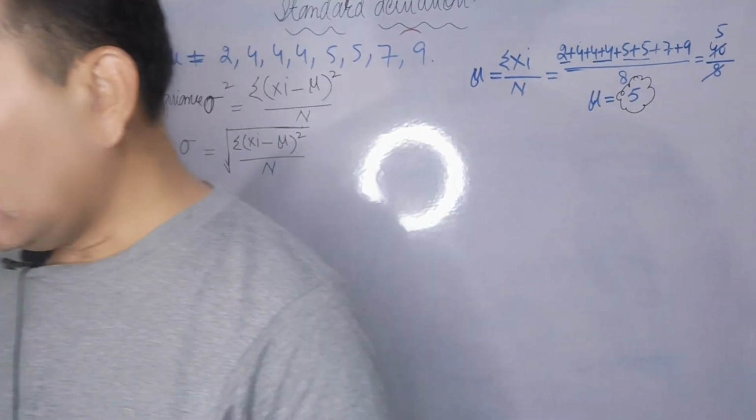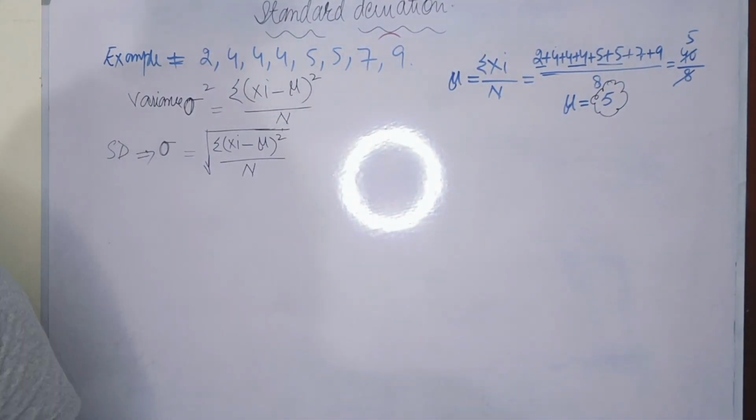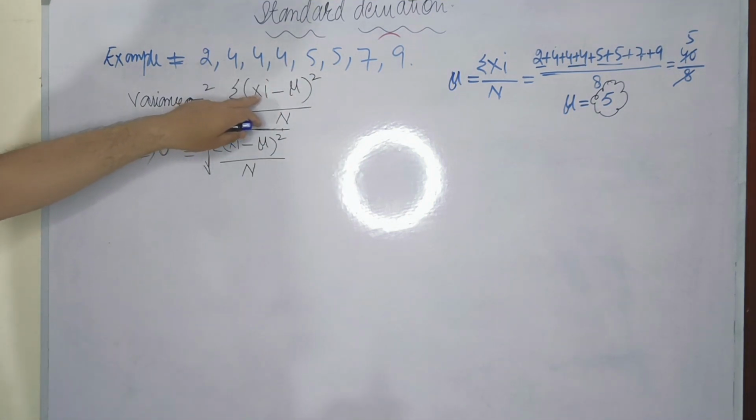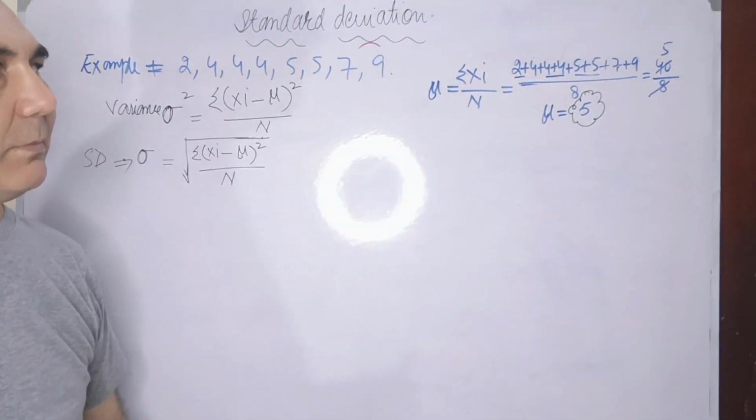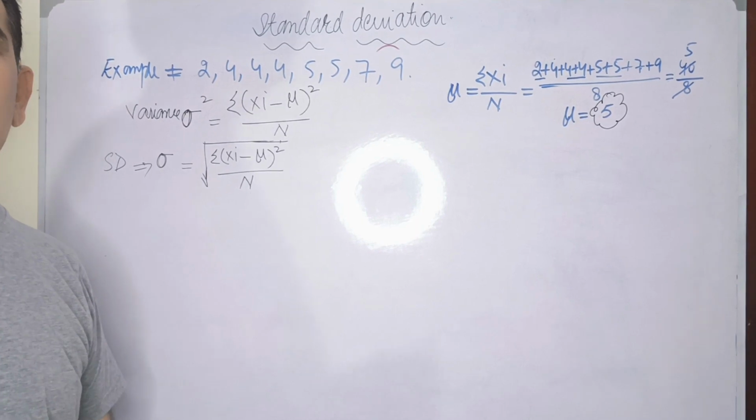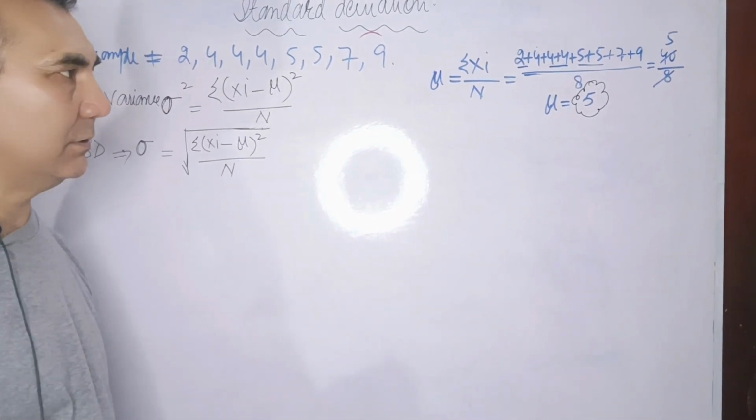Now, the formula says the sum of xi minus mu whole square, divided by the total number of the population.